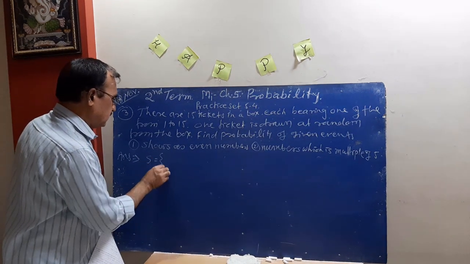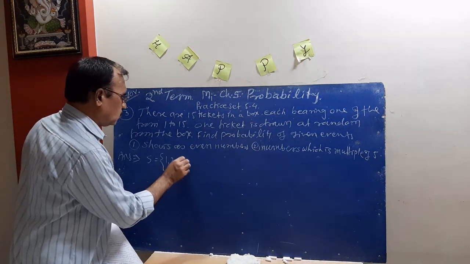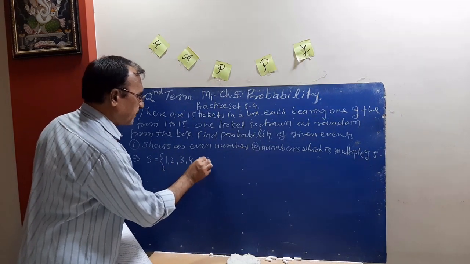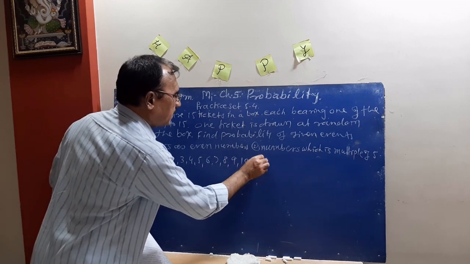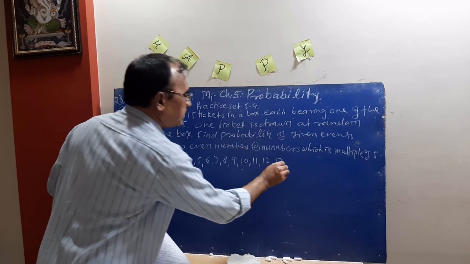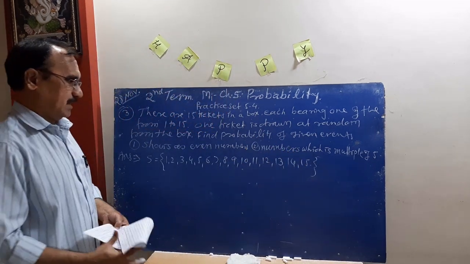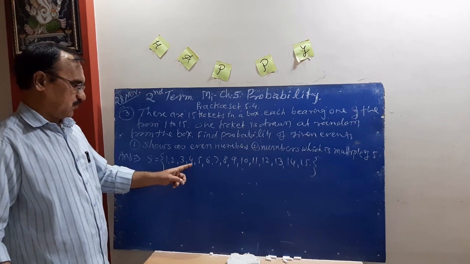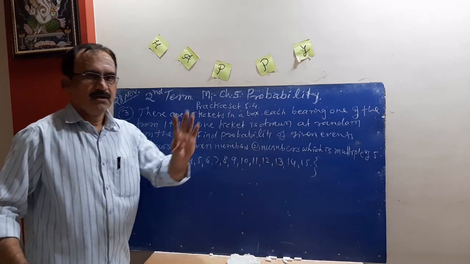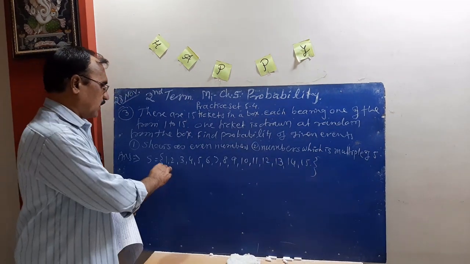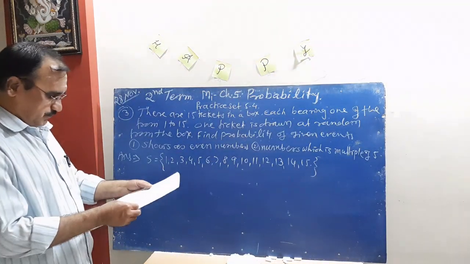S is equal to {1, 2, 3, 4, 5, 6, 7, 8, 9, 10, 11, 12, 13, 14, 15}. We can write this also as {1, 2, 3, ..., 15}.